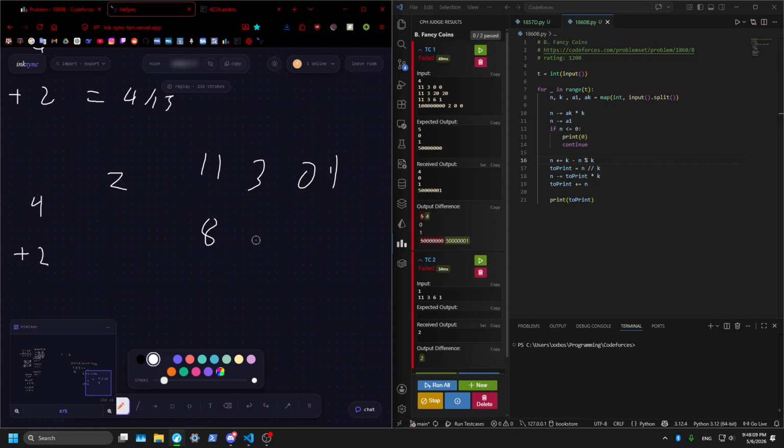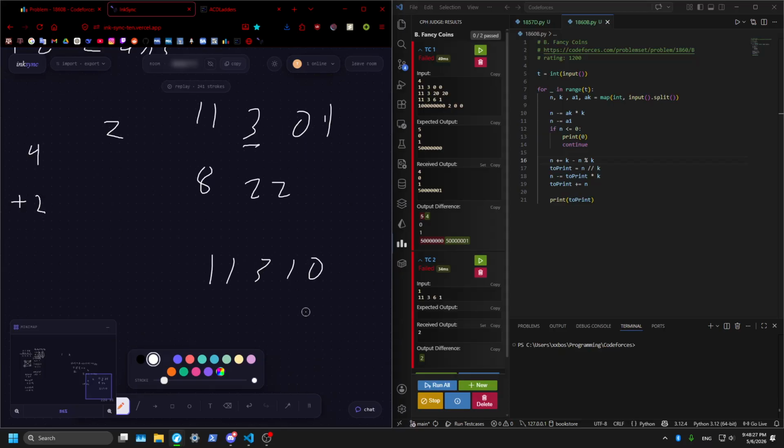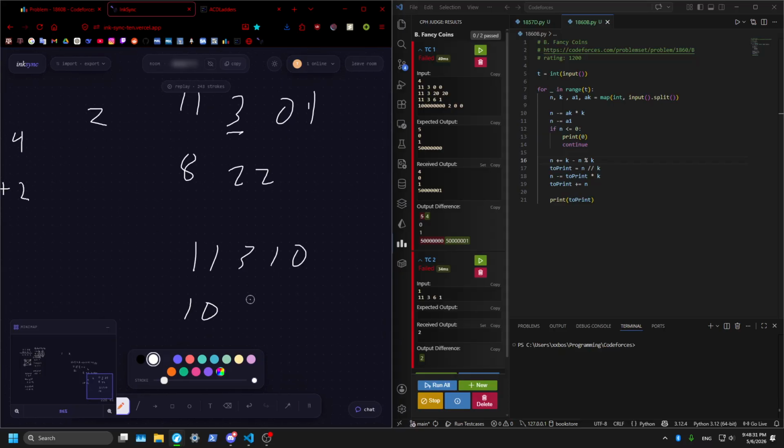And then we greedily use this, it'd be 4, which seems correct. But then we have 3, 1, 0, we have 10. Then we use 3, 1, which also seems correct.